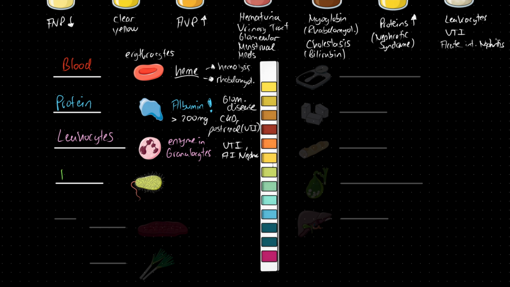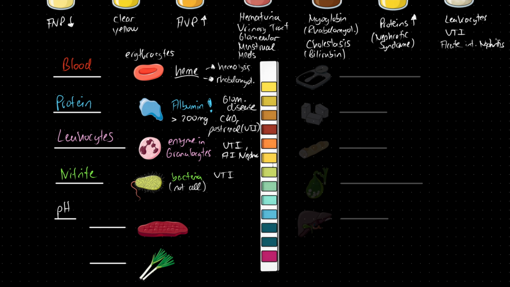Next is nitrite. Some bacteria convert nitrate into nitrite, making the dipstick positive for nitrite. A positive nitrite test therefore strongly suggests a bacterial urinary tract infection. However, a negative result does not rule out infection, because not all bacteria produce nitrite.